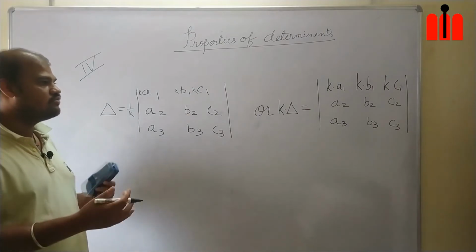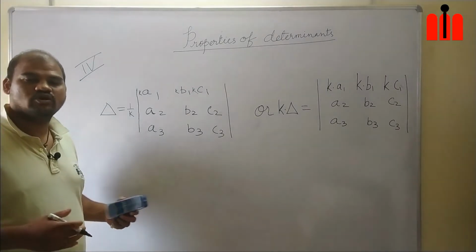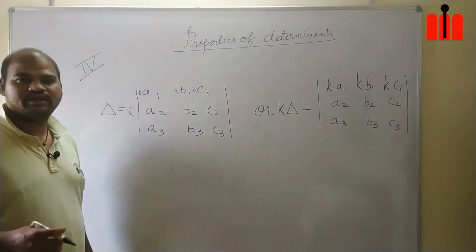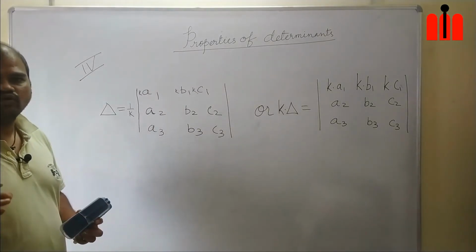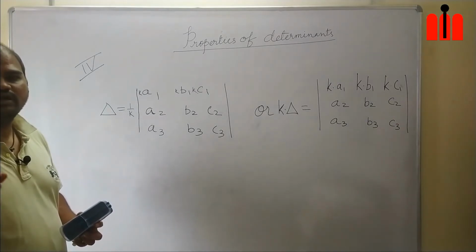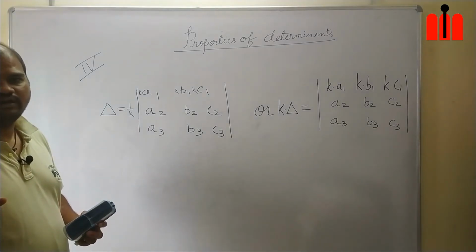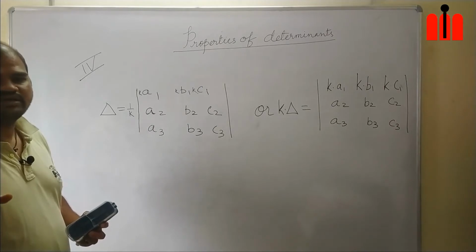This is how we have to use these properties while solving problems. This will be explained in our workshop sessions. Please go through the notes for the example. This completes property number 4.